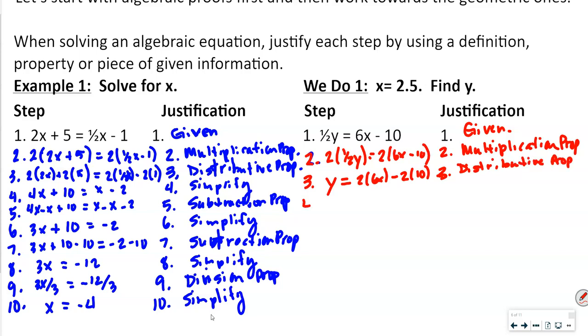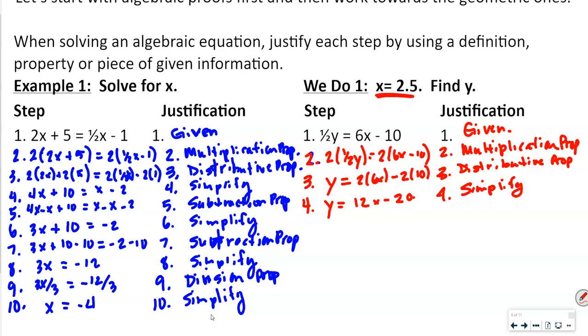Okay, step 4, let's go ahead and simplify. Okay, y is equal to 12x, and I'm going to do minus 20. Okay, so I'm going to leave it right there, and I'm going to say this is 4, so we just simplified, right?